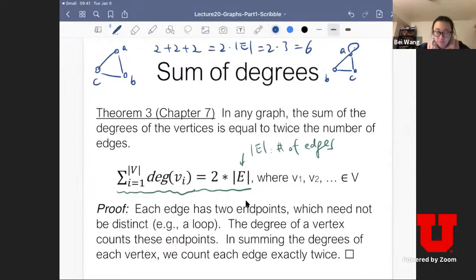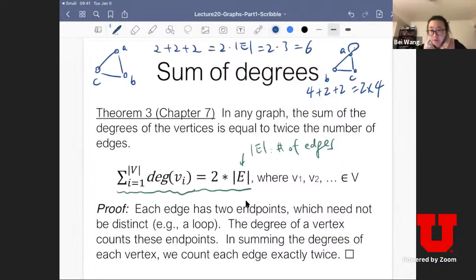Because I have a self-loop, A has degree 4, B has degree 2, and C has degree 2. So in this case, the right-hand side is 2 times 4 because there are 4 edges. So again, this theorem holds for graphs with a self-loop.